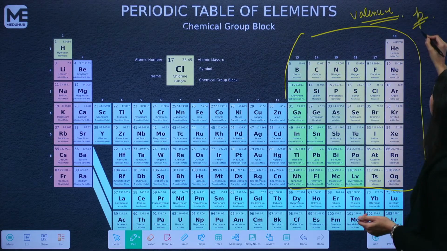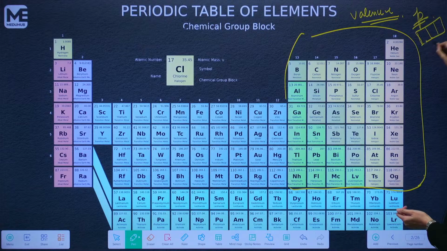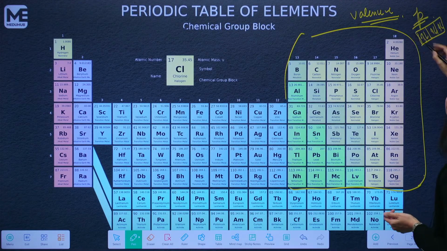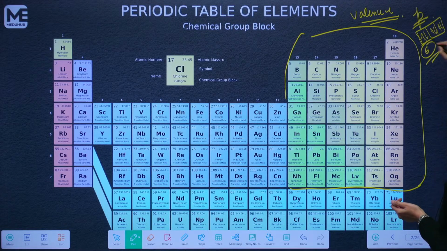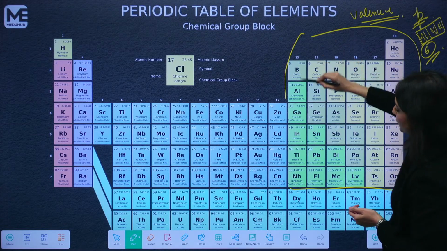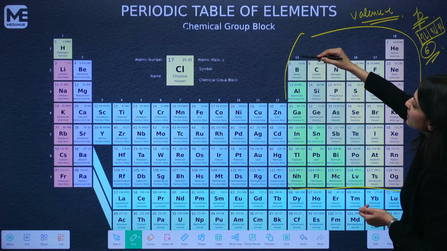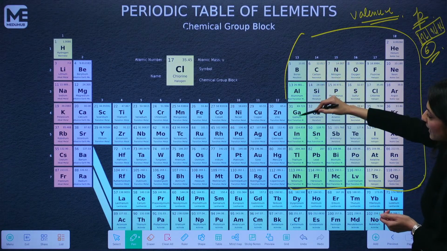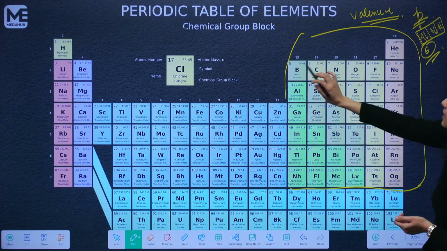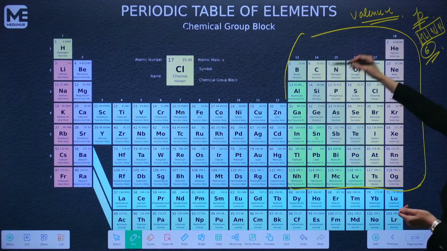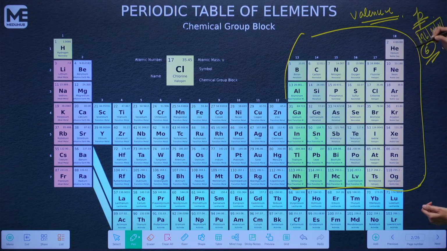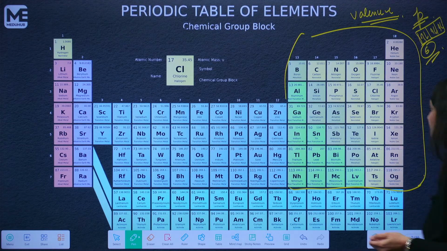And hence, since in a P shell there are 3 subshells in which 6 electrons can come in all, it means that there are 6 P block groups. So this is the first group, that is group 13, starts with boron, aluminium, gallium, indium, thallium and nihonium. Next is group 14, 15, 16, 17 and 18. Group 18 is noble gases, starts from helium and goes till the last one here.